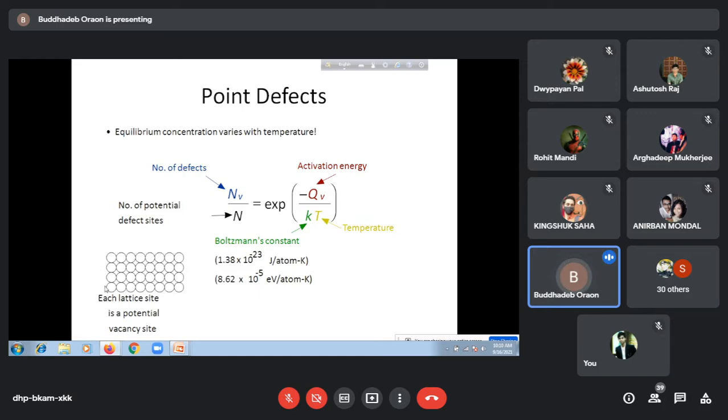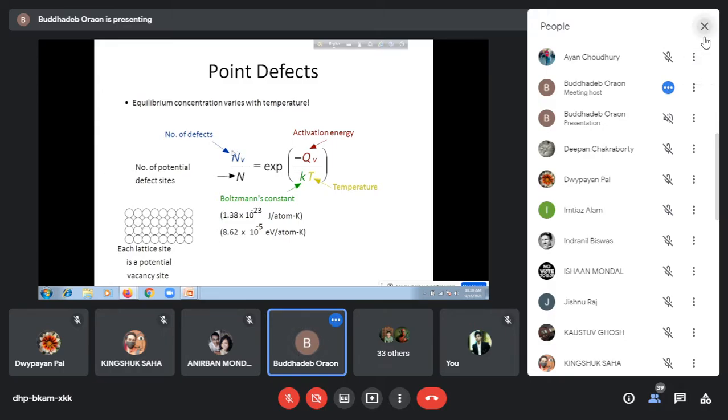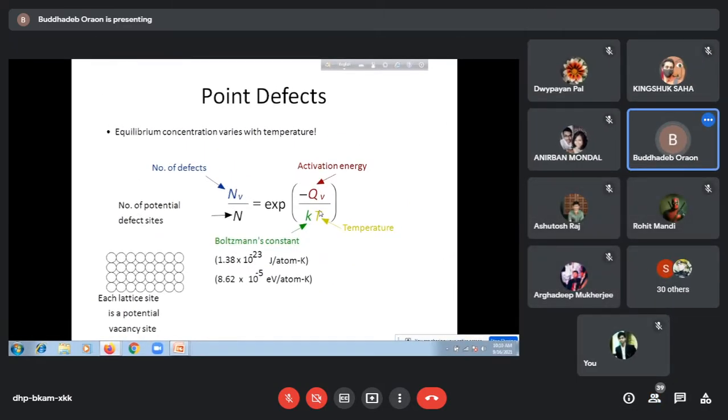So this gives the probability that a defect will be generated at absolute temperature T. That way also it can be explained.